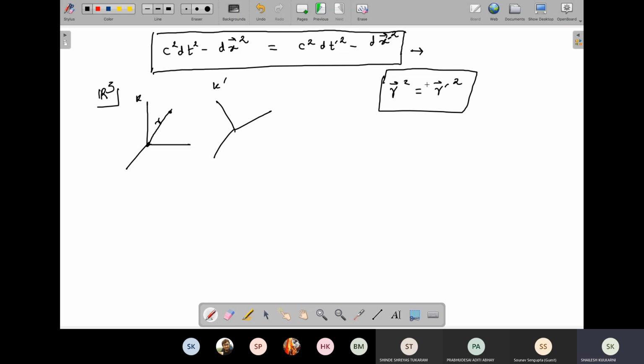Similarly here I have a transformation which keeps this quantity intact. This quantity remains unchanged under some unknown transformation. If I demand the invariance of this quantity, it means that I have already taken into account the constancy of the speed of light.